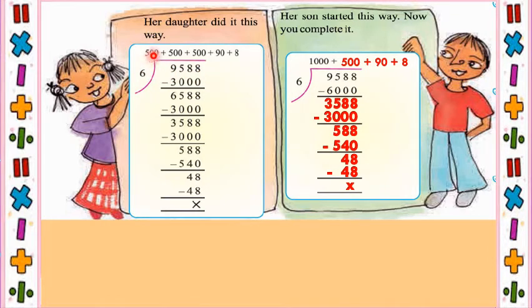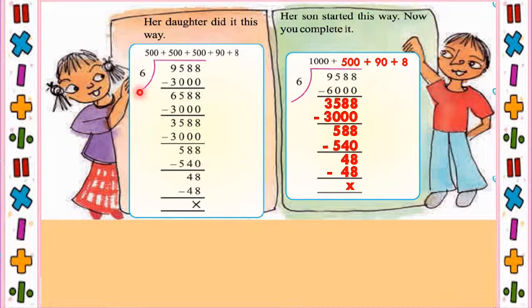So 6 500s is 3,000. Minus it. Remainder is 6,588. Then again 6 500s is 3,000. Subtract it. So answer is 3,588. Again 6 500s is 3,000. So now the remainder is 588.